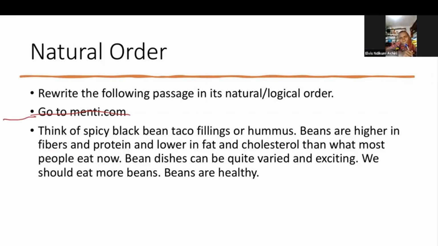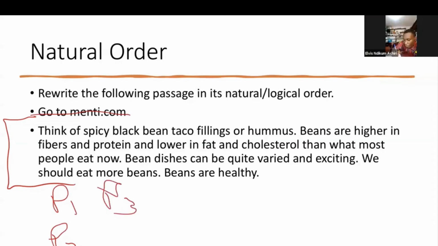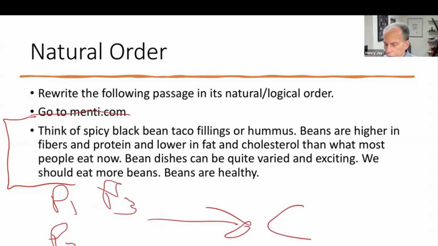So here's a sentence. Here's a paragraph. It's really not in a logical order. How could we make this into a logical order? So essentially, we want premise 1, premise 2, maybe there's another premise 3, and then you want your conclusion. Now, usually your conclusion is either in the beginning of the paragraph or at the end.